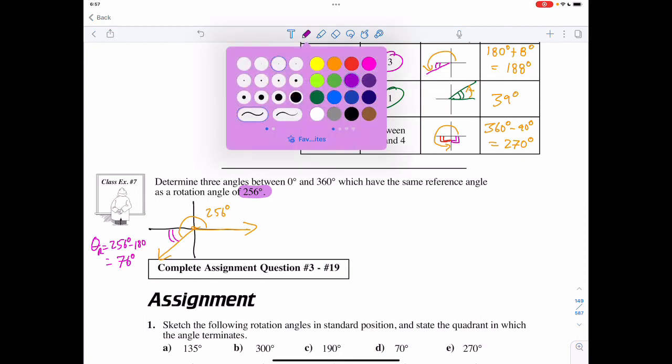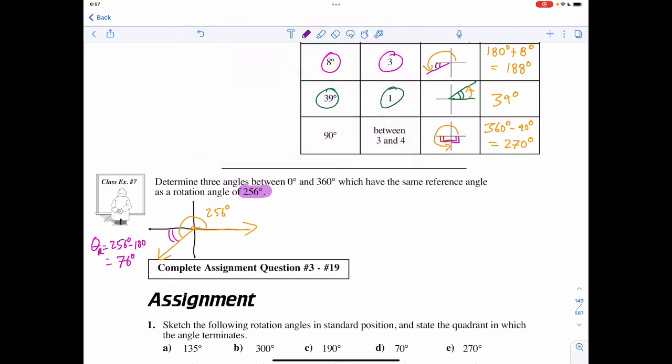And then I can solve for all the missing quadrants. I already know what it is in quadrant 3. So I'm going to solve for quadrant 1. Where it's going to be the exact same as the reference angle. In quadrant 2, it would be 180 minus the reference angle.